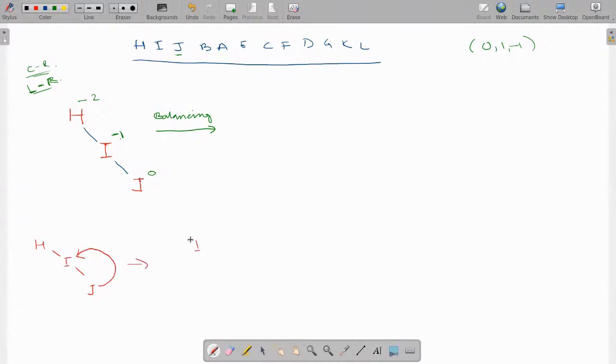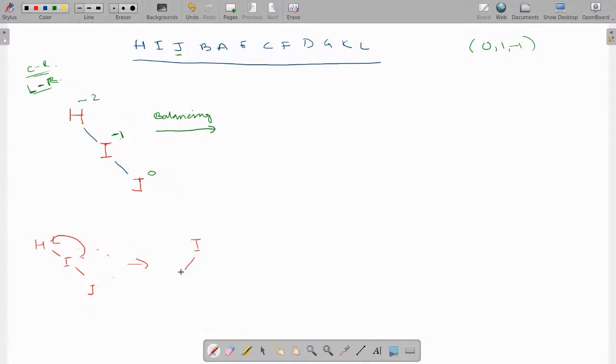The resultant tree will look like I in the middle. I think I drew the arrow at the wrong place. Sorry, my bad. I'll perform a left rotation.